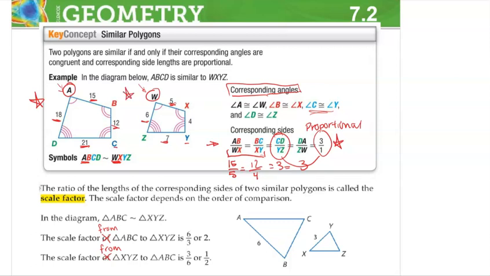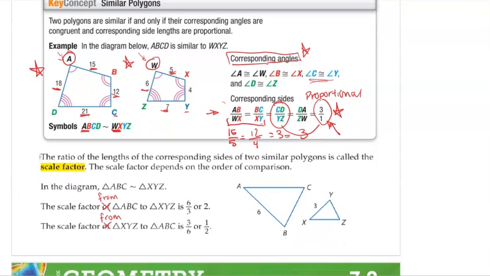So in order to be similar, the angles have to be congruent and the sides have to be proportional, meaning that if I do a fraction of all of the corresponding sides, I'm going to end up with the very same fraction for each of those. If that proportion number isn't constant all the way across, then the shapes aren't proportional to each other.